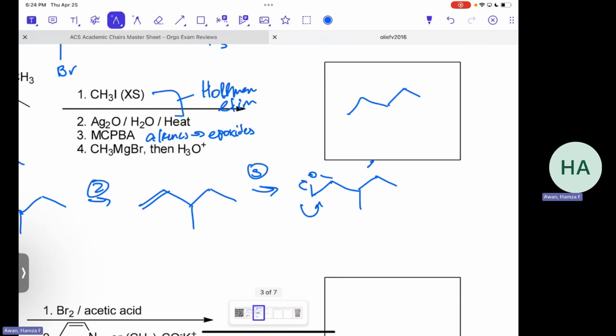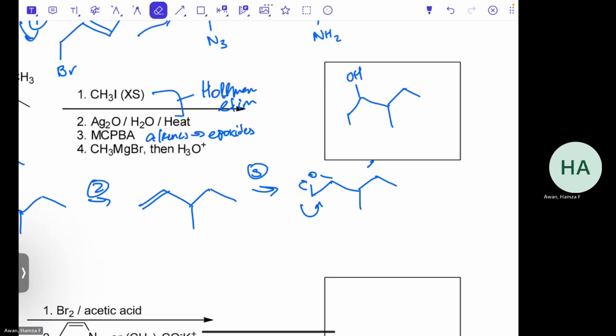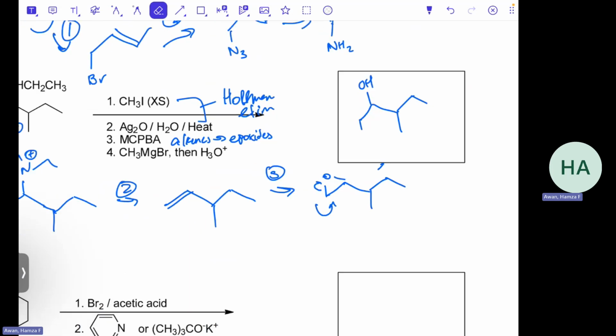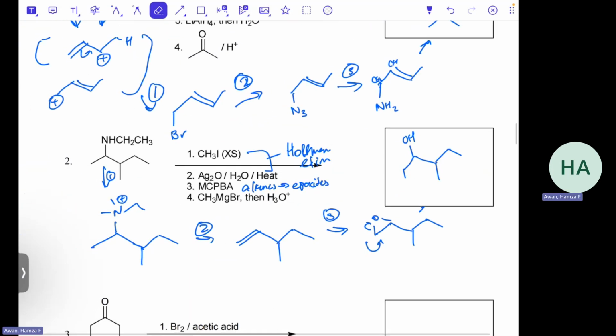So we can draw our base, like a 5 carbon chain with the methyl in the middle, and then we have our OH on the second carbon, and right here we have our final CH3 that was added from the Grignard reagent. Are there any questions on that one?